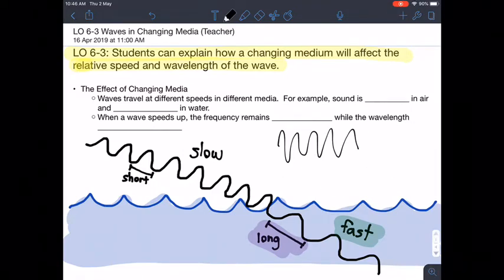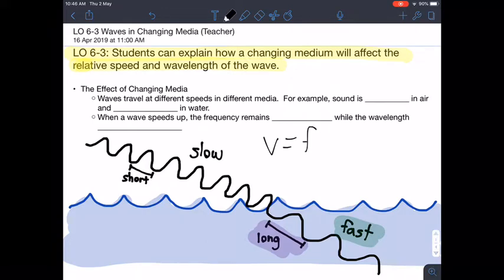But that actually depends on one important fact, which is that the velocity of the wave is staying constant. It's only if this value stays constant that the frequency and wavelength have an inverse relationship. If the velocity starts changing, then these no longer have that inverse relationship.